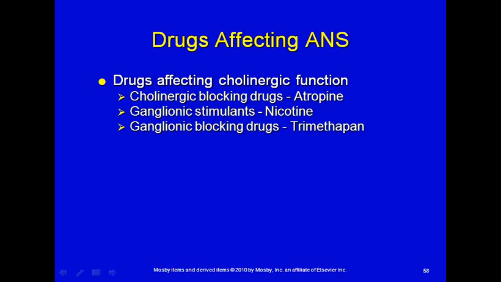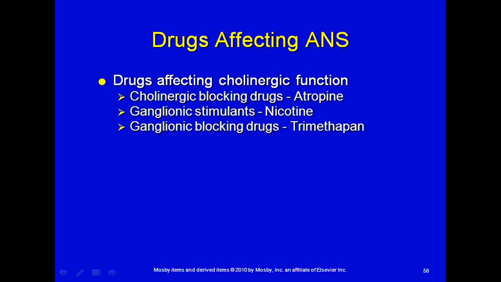Other drugs that affect the autonomic nervous system or the cholinergic nervous system, so drugs that are going to reverse the effects of cholinergic function, include anticholinergics like atropine. Atropine is an anticholinergic. It occupies the receptor sites on the organs where acetylcholine would slip into. And acetylcholine, particularly when we're talking about the heart, causes the heart to slow way down.